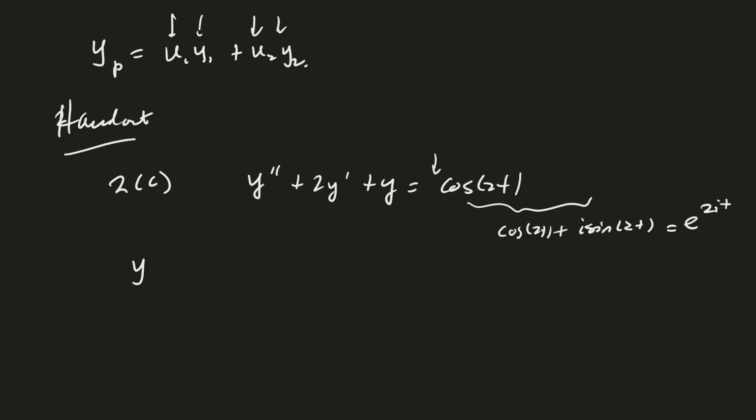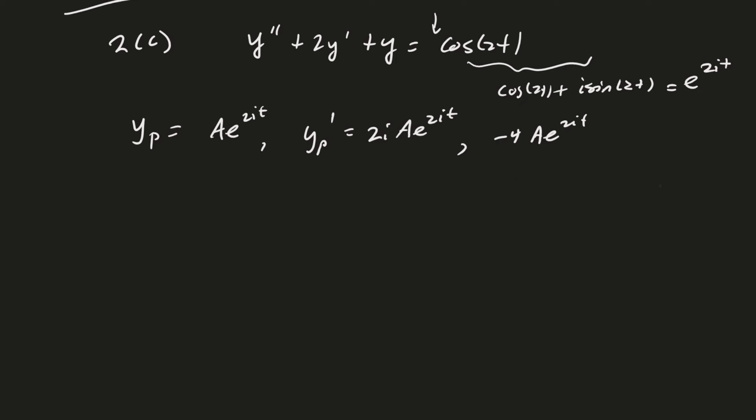Good, so then I take my ansatz to be a e to the 2it. Yp prime then would be 2i a e to the 2it, and you're treating the i just like any constant. So now I have 2i squared, so that'd be 4 times i squared, which is minus 4. Plug things in. Oops, that was the second derivative.